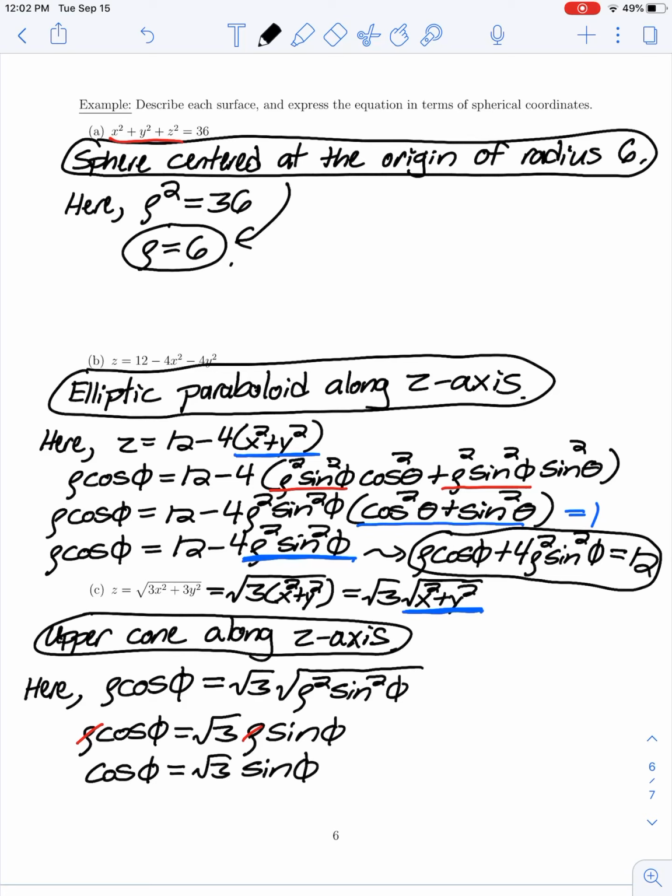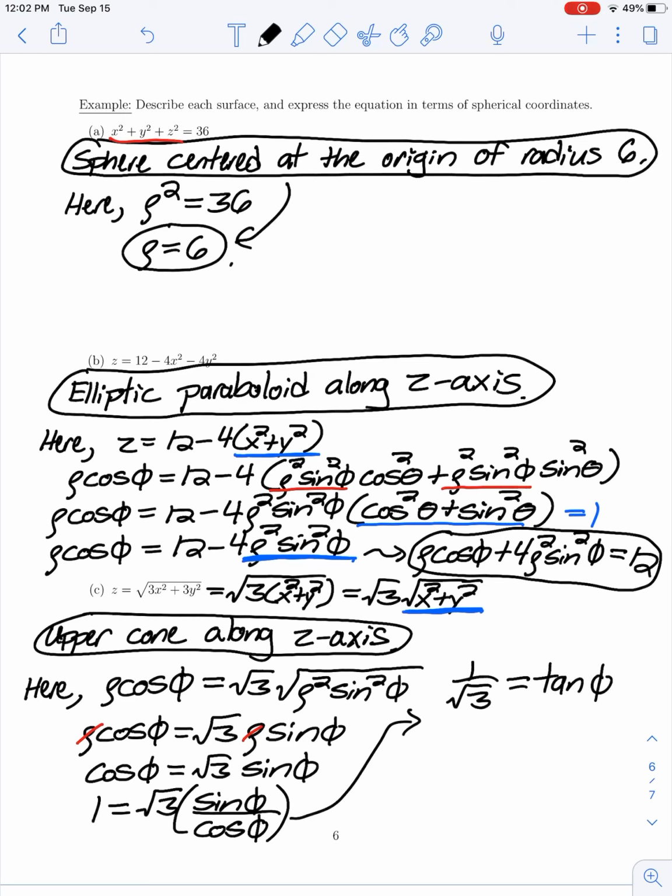Or if I simplify this a little bit, say if I divide through by cosine of phi, I have 1 is equal to root 3 times sine phi over cosine phi. Or if I divide both sides by root 3, 1 over the square root of 3 is equal to sine over cosine of phi, which is tangent of phi. So let's see if we can solve for phi.